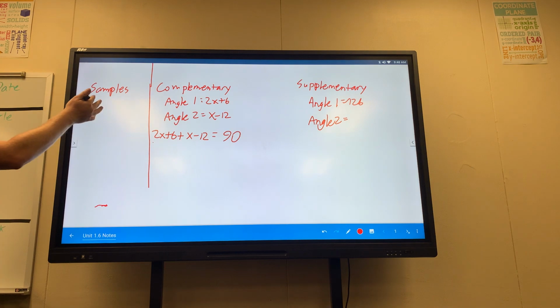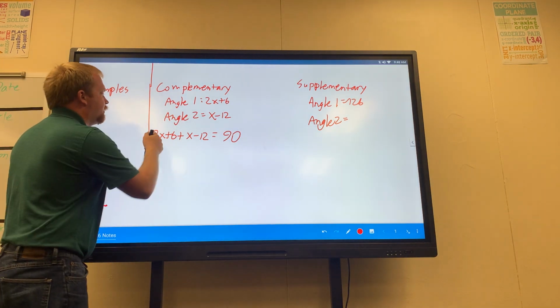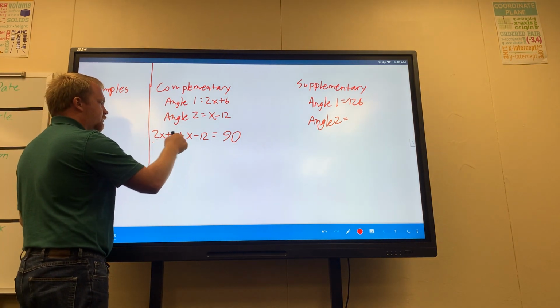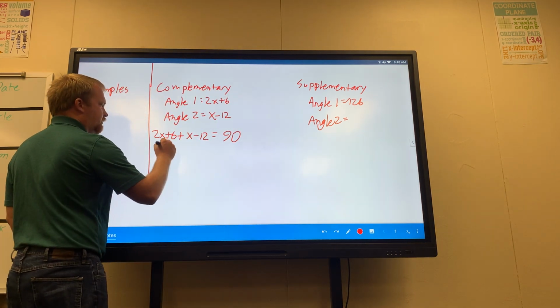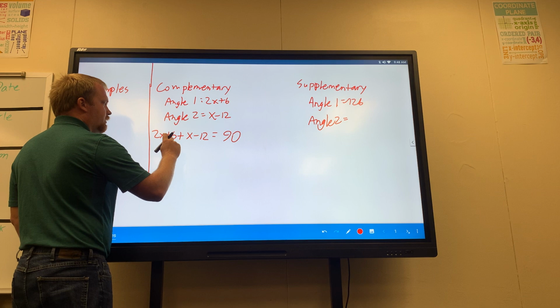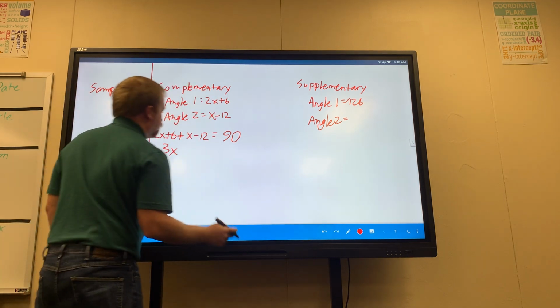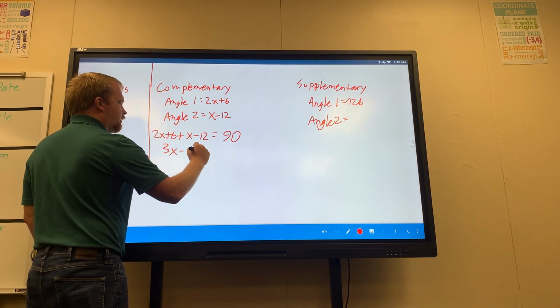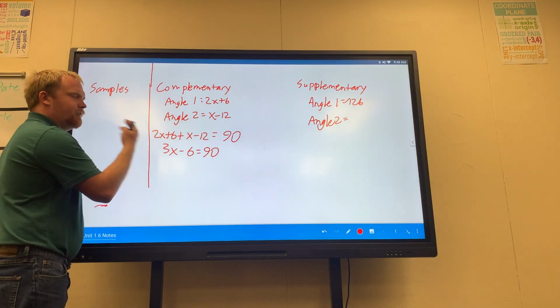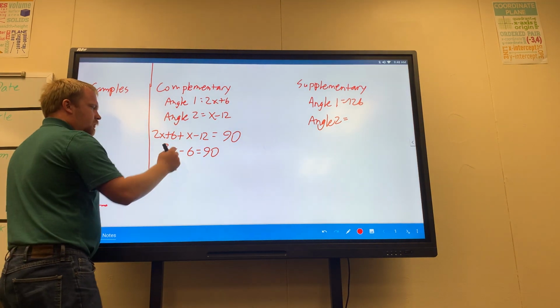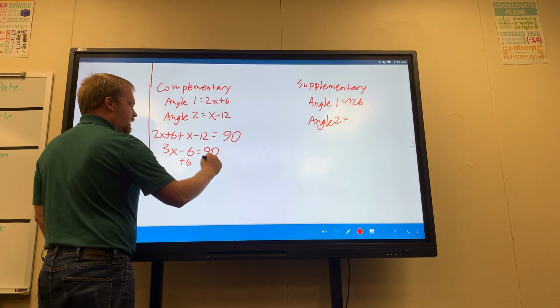So when I set it up like this, I'm going to combine my x's. So 2x plus x gives me 3x. 6 minus 12 gives me negative 6, equals 90. So I just have to solve for x. I'm going to add 6 to both sides.